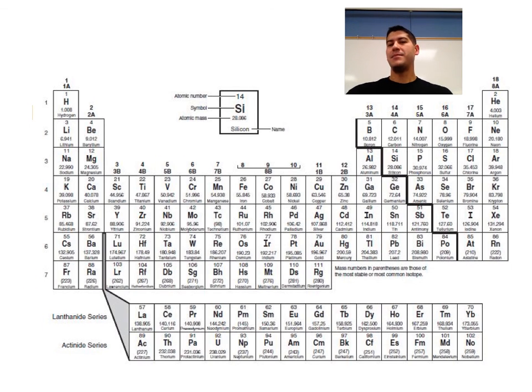We've looked at some patterns in class and determined that each new period represents the repetition of a pattern. Let's look at the group numbers for the main group elements. We start with hydrogen in group 1A. The first period only has 2 elements, which is kind of odd, and helium is all the way over here in group 8A. That's the end of period 1.